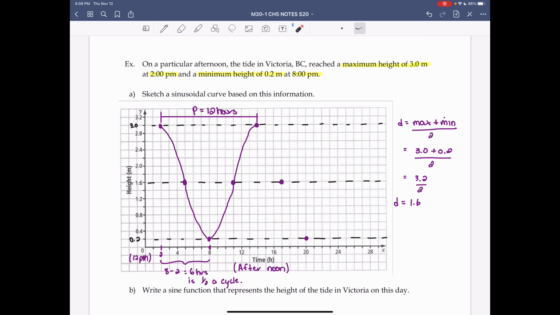From that point, we go over 1, 2, 3, and back up to the midline. From that point, we go over 1, 2, 3, and back up to the max. From that point, over 1, 2, 3, and back down to the midline.